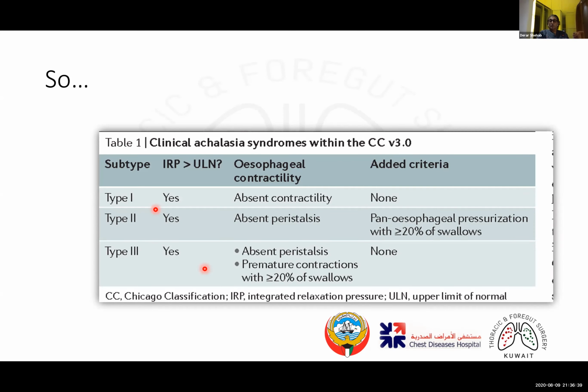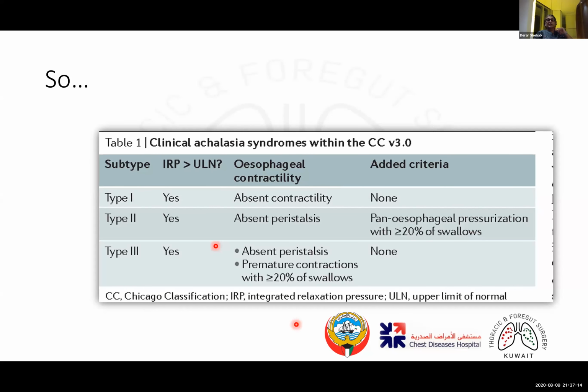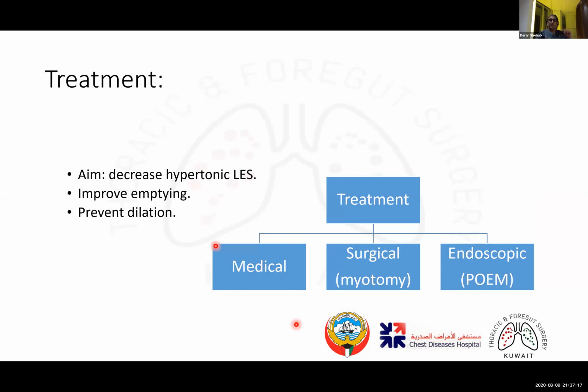Type 2 has elevated resting pressure and absent peristalsis, but with panesophageal pressurization in at least 20% of swallows. Type 3 achalasia has absent peristalsis and tertiary or premature contractions in more than 20% of swallows. Those are the clinical types of achalasia.